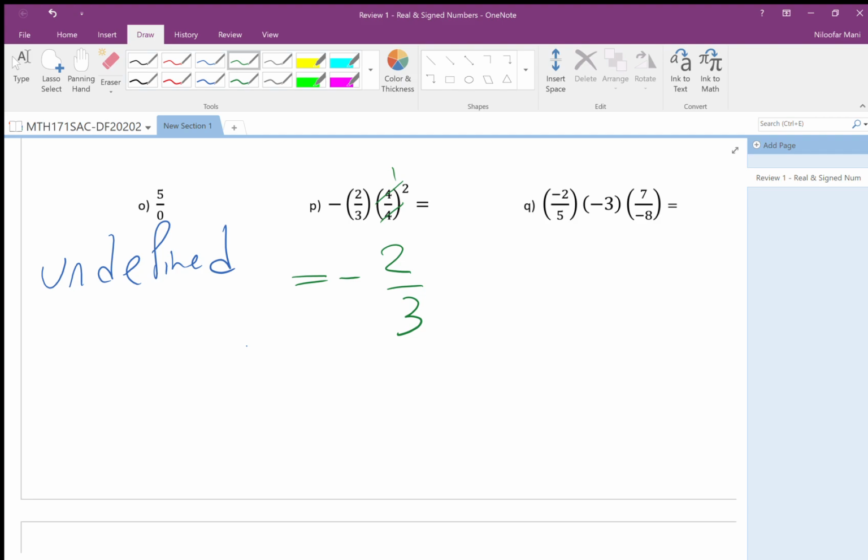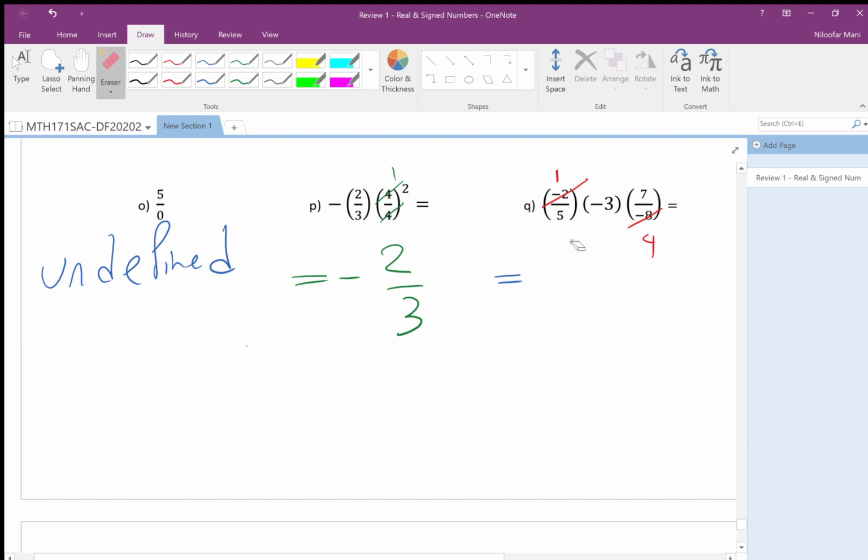How about the next? How many minuses do I see? 3. How many do I really have? 3. So I do minus, and then I can simplify. I can simplify this and this. So 4 is left, 1 here, and nothing else. So the answer is minus 1.